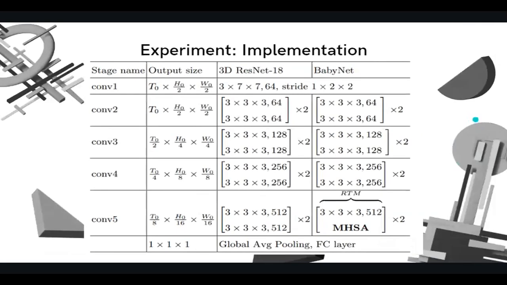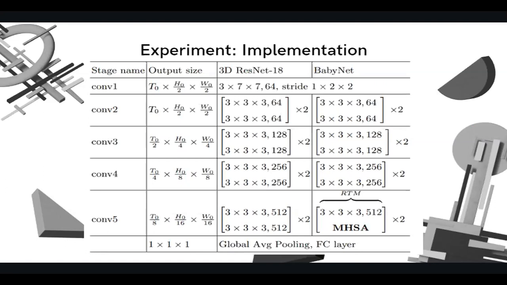So the implementation, like I previously stated, they adopted the 3D ResNet 18 as the base neural network. Pictured is a table comparing the 3D ResNet 18 with BabyNet. And so you can see during the last stage, they replaced the residual modules of 3D ResNet 18 with the residual transformer modules that have the MHSA.